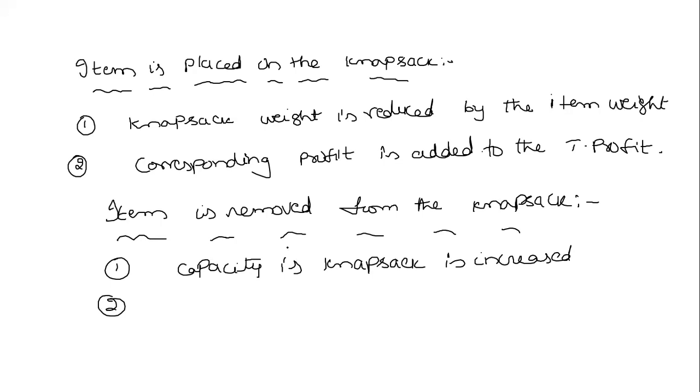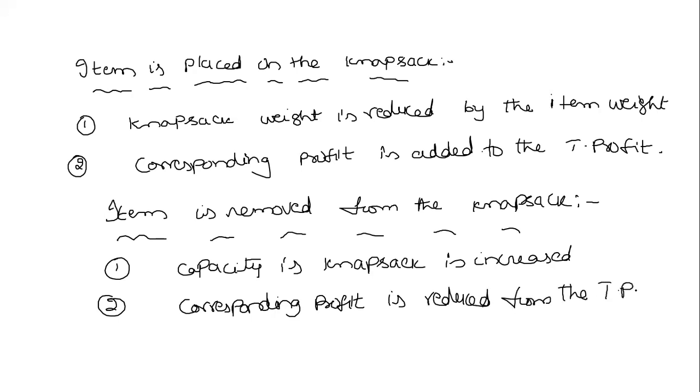Whenever an item is removed from the bag, the item weight is added to the knapsack capacity. Same way, corresponding profit is reduced from the total profit. So both of these two are exactly reverse operations.